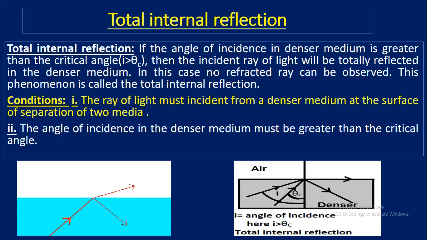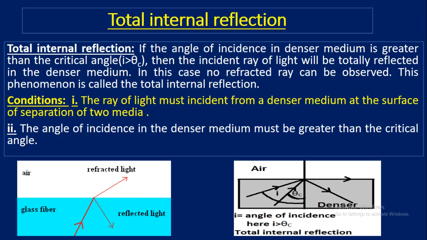In the previous slide we discussed the critical angle, and if we apply an incident angle that is greater than the critical angle, what will happen? Yes, total internal reflection will happen if the incidence angle is greater than the critical angle.